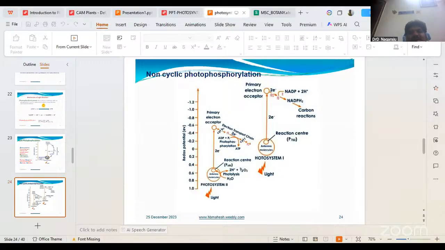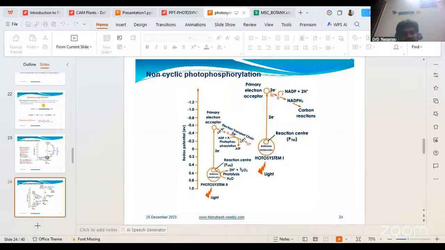Then in PS1, the electrons again go to the primary electron acceptor. From there the electrons go to ferredoxin. Here the electrons are absorbed by ferredoxin. This ferredoxin also absorbs protons.